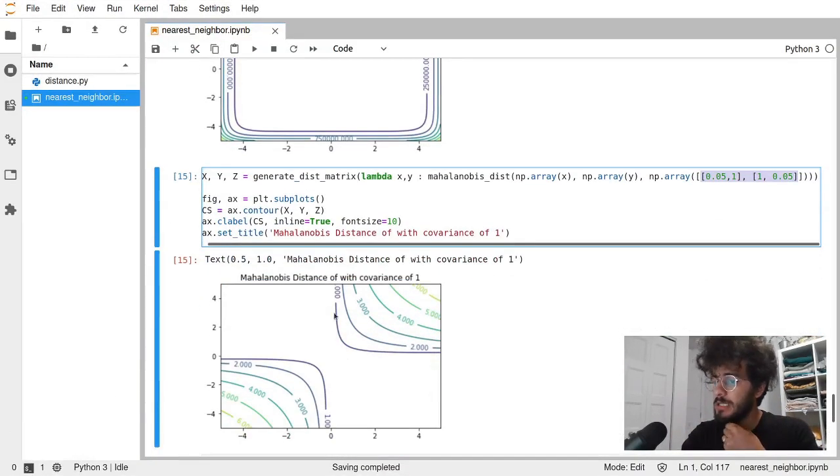Yeah, and we get that kind of distance. How do you interpret this? If you go from this point to this point, or this point to this point, it's the same. Yeah, it's a bit harder to interpret. I'm not sure how to interpret this one, honestly. It's a bit difficult.